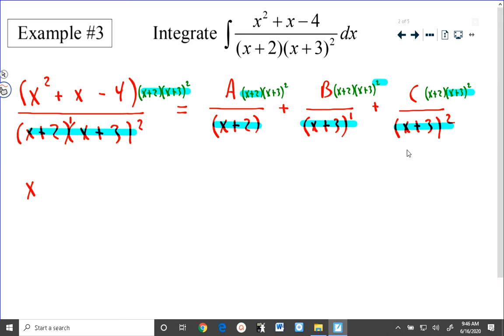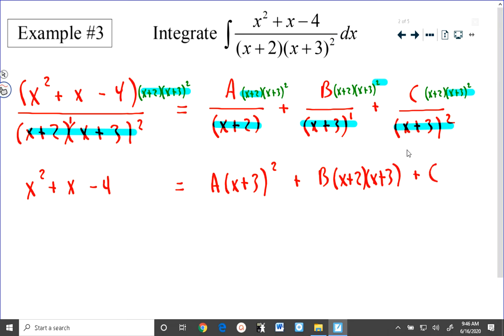We have x squared plus x minus 4 is equal to a multiplied by x plus 3, quantity squared, plus b multiplied by x plus 2, x plus 3, plus c multiplied by x plus 2.